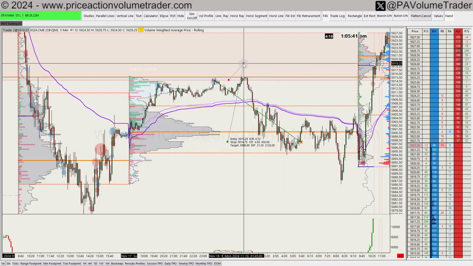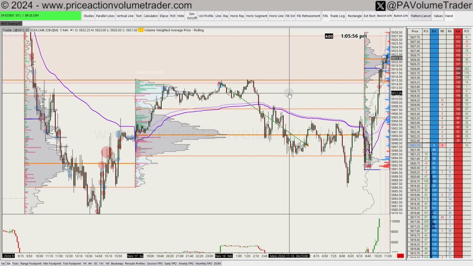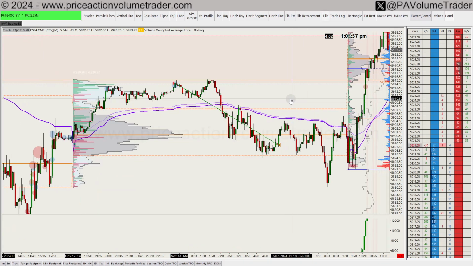Let me adjust this. This tool is a little bit wonkier than what it is on TradingView. So the R&R on the trade that I had was a 4.72 R&R. Let's go over why I got out at this point here.